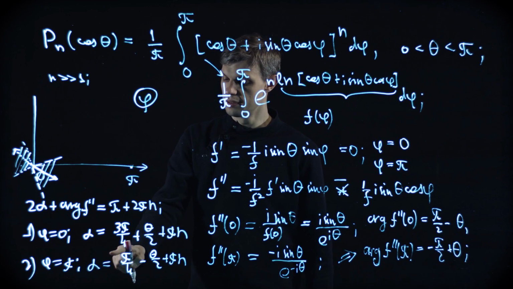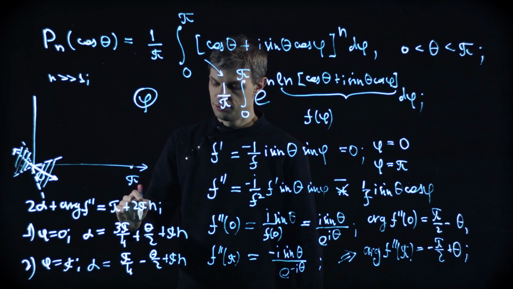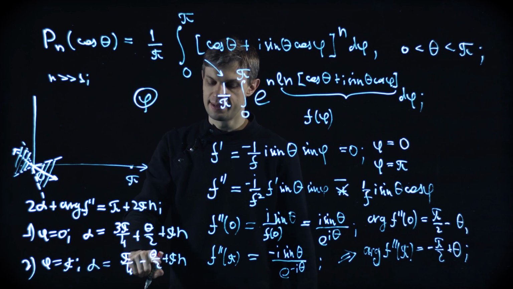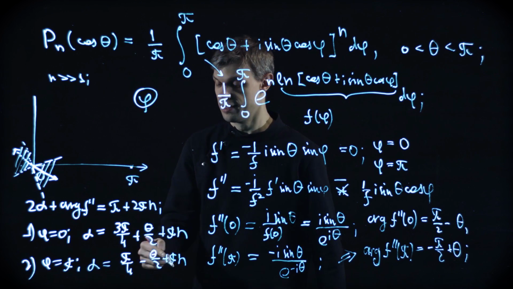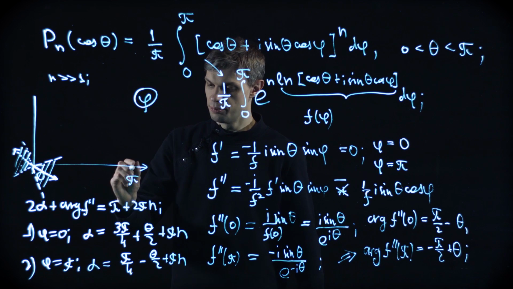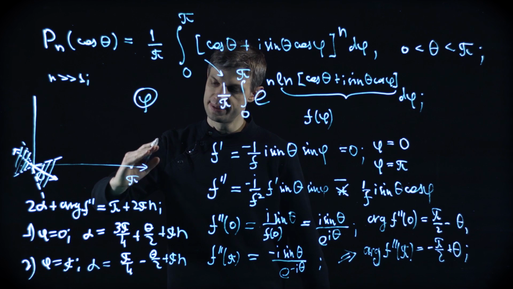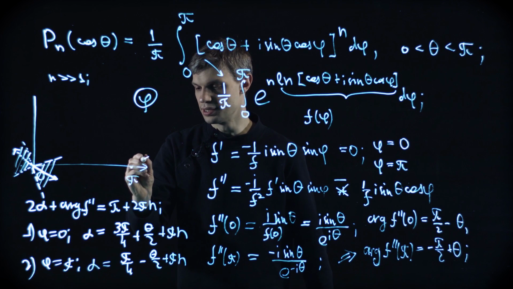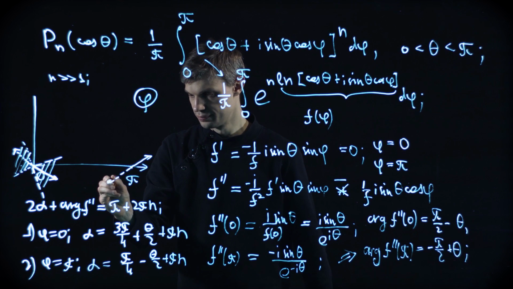And now the second direction, which is pi by 4. It's pi by 4 minus some small variation, minus theta over 2. Well, we assume for simplicity that theta is small. So pi by 4 is this direction, and then we subtract some small angle. So it's going to be something like that, or that.